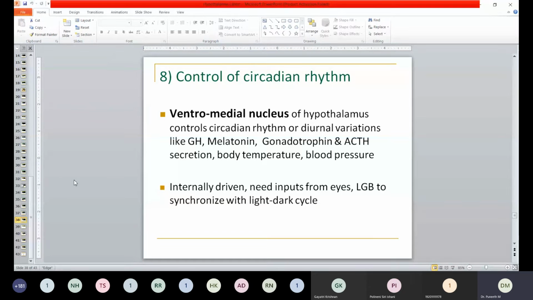Similarly, gonadotropin will be secreted more during certain parts of the day and less during other parts. ACTH secretion, body temperature, and the same way the BP, when you check in the morning, it may be slightly different when you check in the evening. So some variations will be there. Those are called diurnal variations. For these things also, the hypothalamus is in control and the nucleus involved is the ventromedial nucleus.